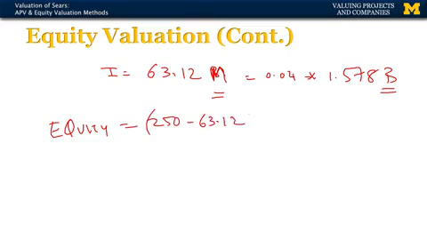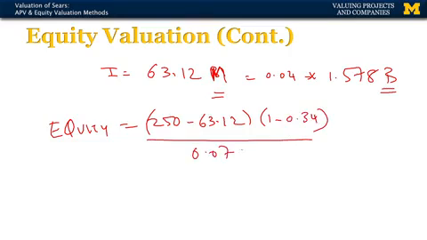Remember, 250 is in million. The only number here in billion is the total value of debt or total value of the firm, just for convenience, right? Multiplied by 1 minus 0.34 divided by what? RE, which is 0.0782. And this number turns out to be $1.577 billion.